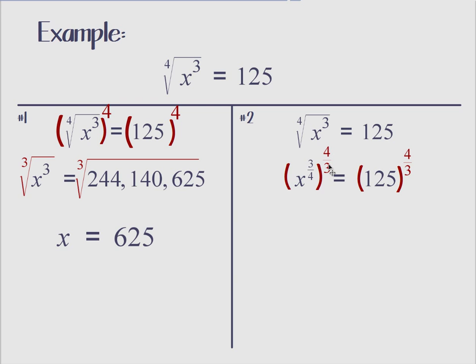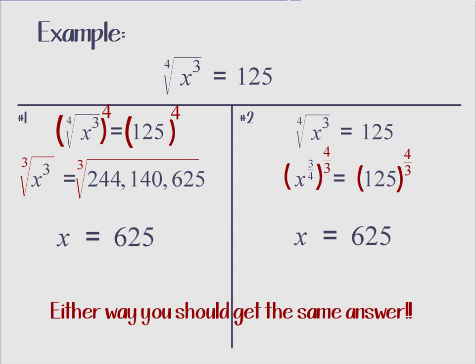On the left-hand side, the inverse powers simply cancel each other out, or go to 1 rather, and I'm left with just x. If I put 125 to the 4/3 power in my calculator, I get 625. Both methods give me the same answer. Which method you use will most likely be left up to you unless it specifically says otherwise in the directions.